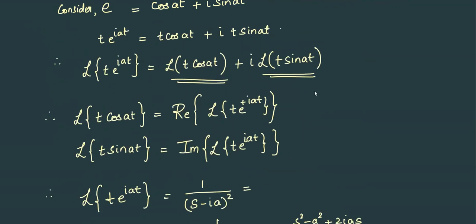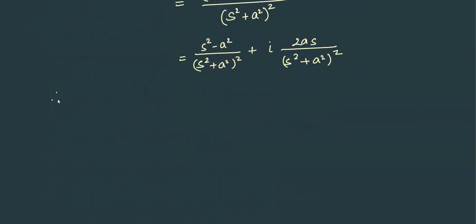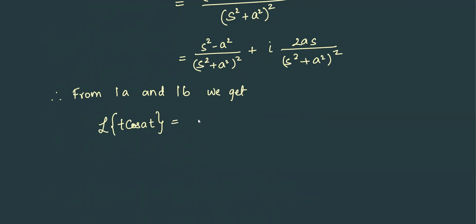Okay. So this is 1a, this is 1b. So from 1a and 1b, we get the Laplace transform of t cos at is s square minus a square upon s square plus a square the whole square.